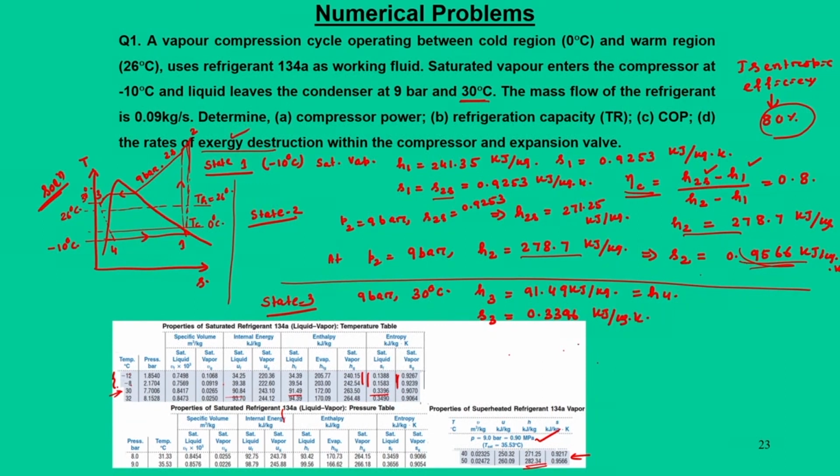Then state 4. So, for state 4 we have this equation x 4 is equal to H 4 minus H F 4 divided by H F G 4. Okay. So, here H 4 is known, H F 4 we can calculate at minus 10 degree centigrade. So, H F 4 is already there, 36.97 kilojoule per kg.